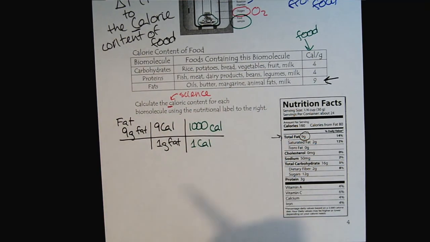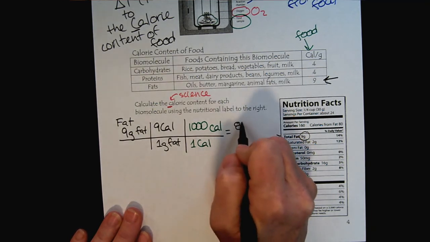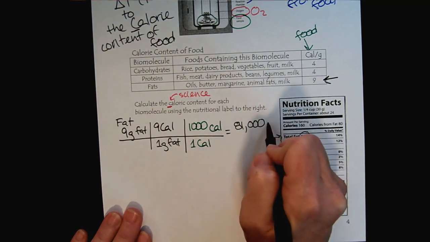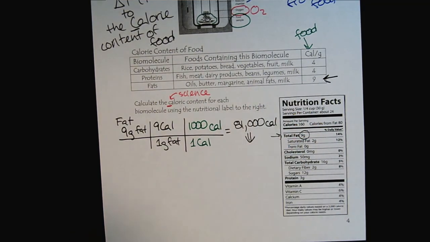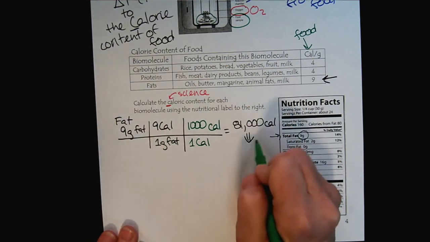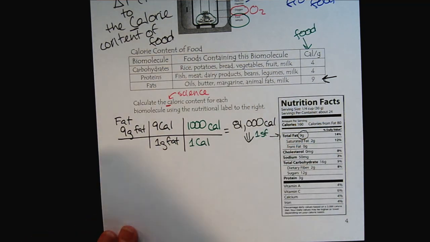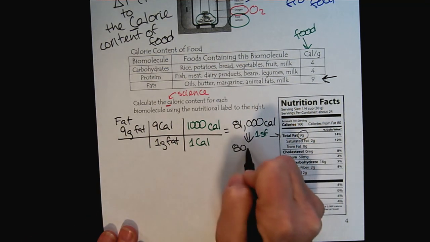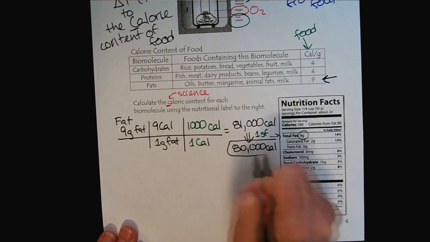So we punch these values into our calculator, and it's going to spit out 81,000 science calories. And then we'll take this opportunity to do a sig fig review. This can be very unsatisfying though, because everything has one sig fig. So if we were going to report this, we would say that we have 80,000 calories from the fat.